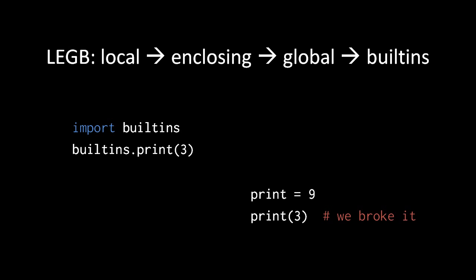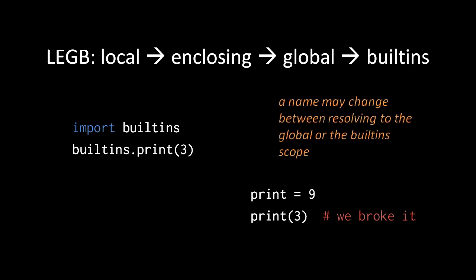An interesting thing to note here is that this is the only case where it's possible for the use of a variable name to actually change which scope it resolves to. Imagine, for example, that in some function we invoke print. As long as that function itself and none of its enclosing functions and its enclosing module have any variable themselves called print, that print in the function will resolve to print of the builtins module.